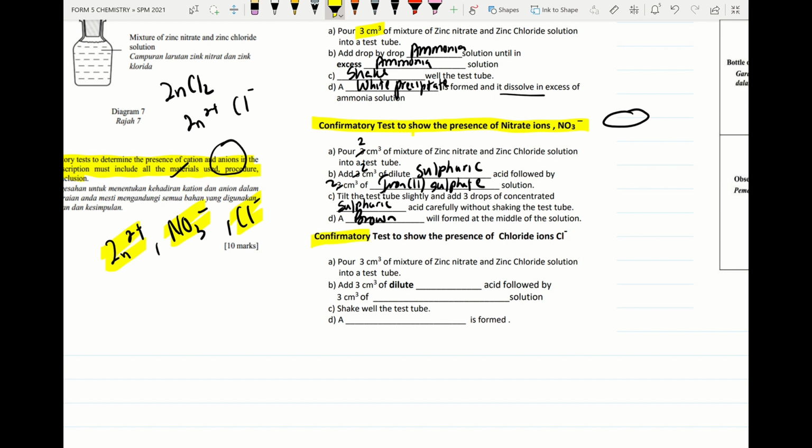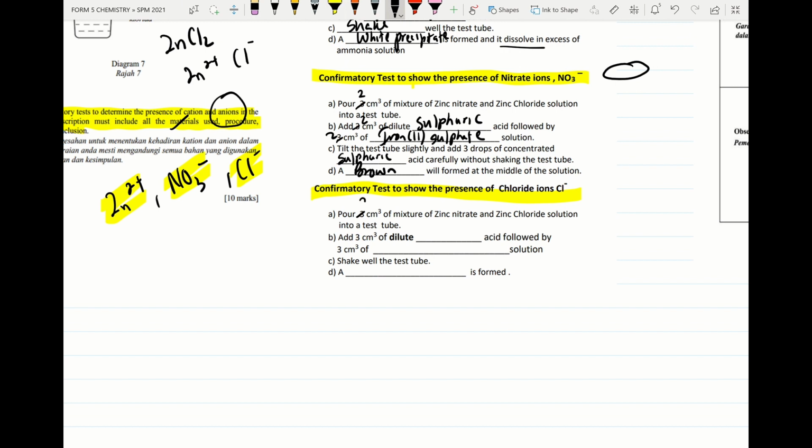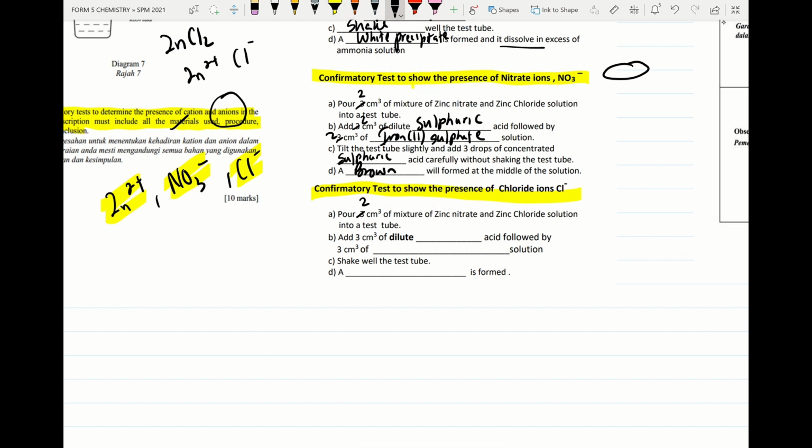All right, we move on to the third confirmatory test, to show the presence of chloride ion. We pour 2 cm³ of the mixture of zinc nitrate and zinc chloride solution into a test tube. Then we add 3 cm³ of dilute nitric acid, followed by 2 cm³ of silver nitrate solution.